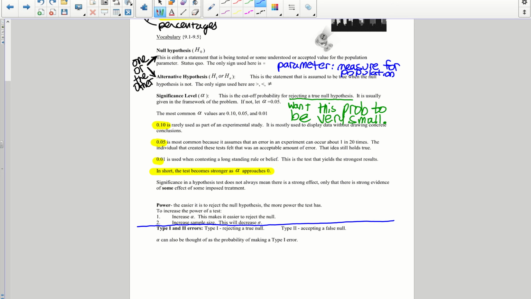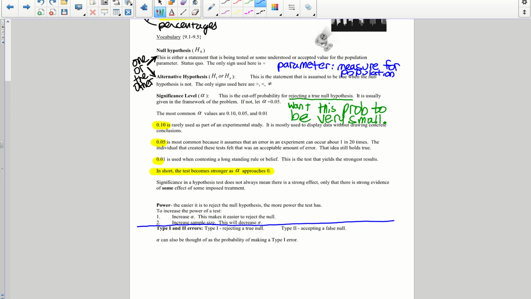But the power of a test is defined as how easy it is to reject the null hypothesis. To increase the power of a test, you can do one of two things. Increase alpha, which makes it easier to reject the null, or you can increase the sample size. That would make your standard deviation smaller.